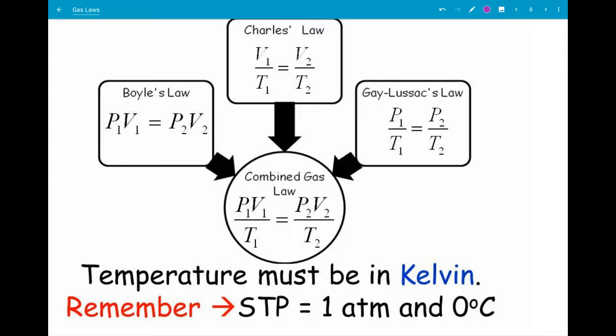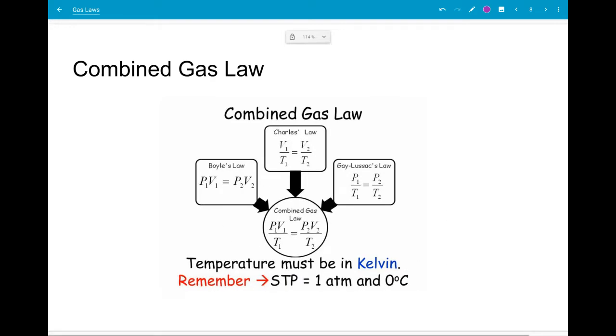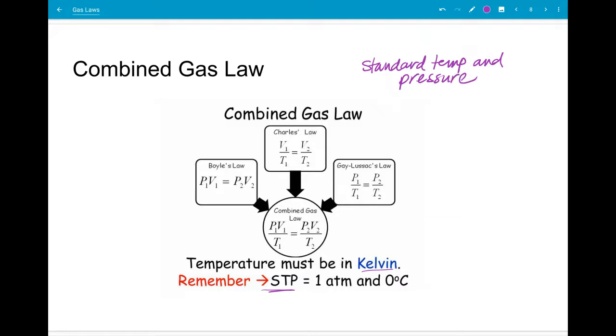Now at the bottom here, you'll see this comment about temperature must be in Kelvin, which we've talked about, but it also has STP. STP stands for standard temperature and pressure. Okay, so for standard temperature and pressure, it's going to be at 1 atmosphere, which could be equal to other pressure units depending on what you have.